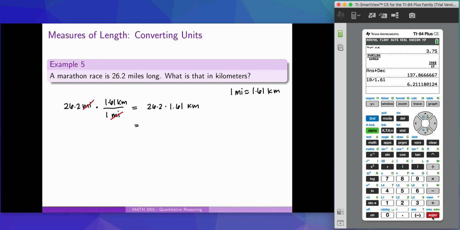And we'll multiply that out real quick. 26.2 times 1.61. We end up with that. So we'll just go to 2 decimal places. 42.18 kilometers is my answer. So a marathon is 26.2 miles, or you could say it's 42.18 kilometers.